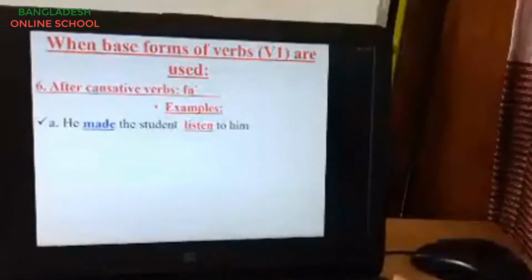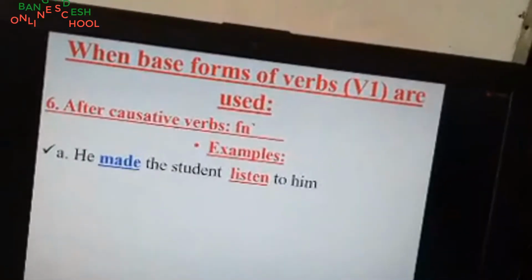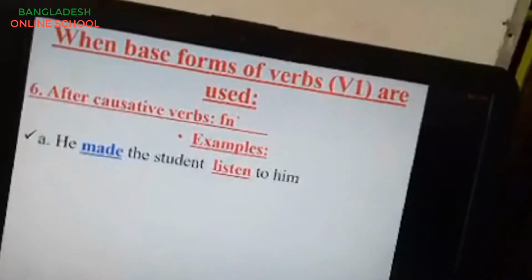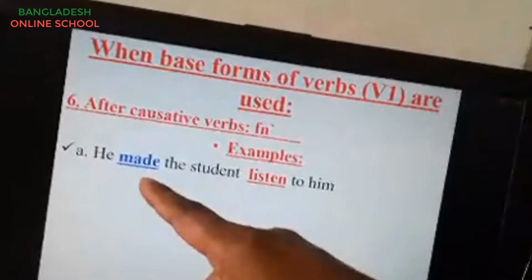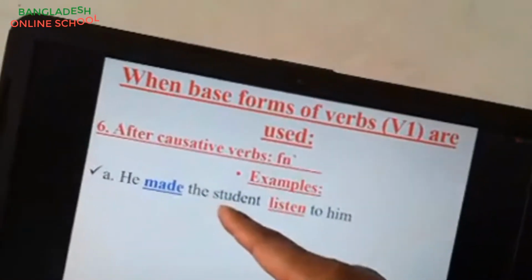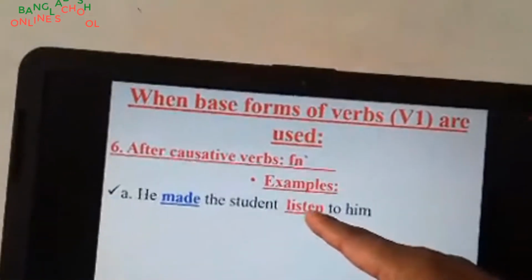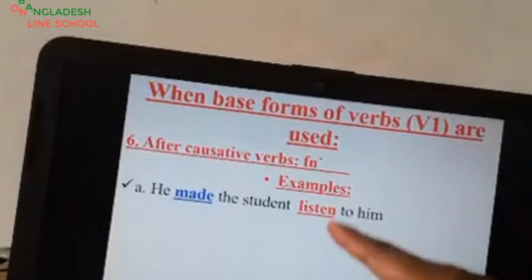There are three causative verbs: make, get, have. You see, he made the students listen to him. Here, made is a causative verb. After made, listen, base form of verb. Made is here a causative verb.